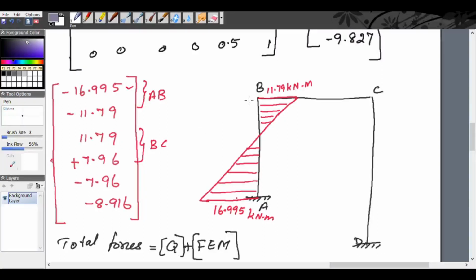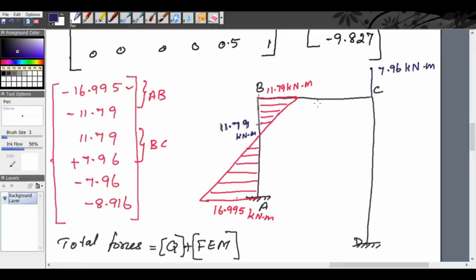So it is clockwise, right? Clockwise, acting downwards. So plus 11.79 kilonewton meter. Here it is plus 7.96 clockwise, right? So upwards. So here it is like this, 7.96 kilonewton meter.